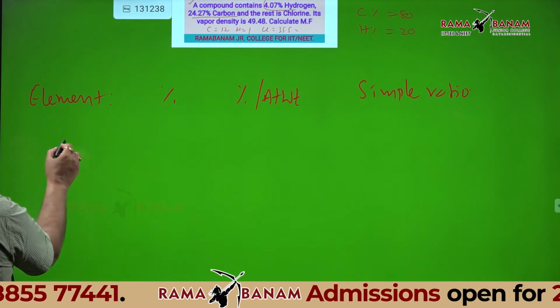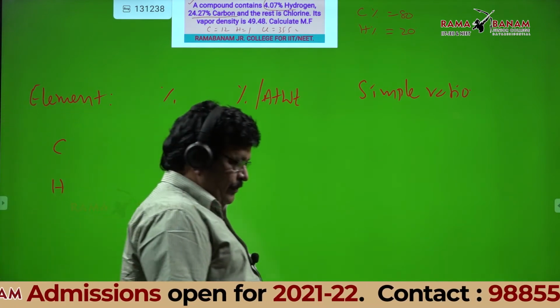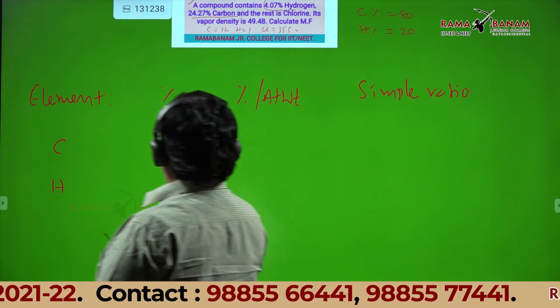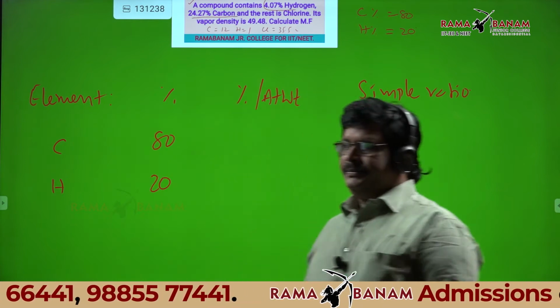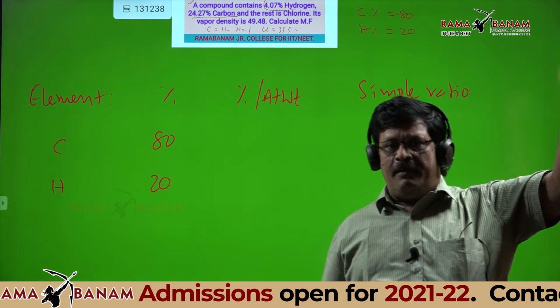We know the elements present are only carbon and hydrogen, and their percentages are given in the problem: carbon is 80% and hydrogen is 20%. Divide each percentage by the atomic weight.